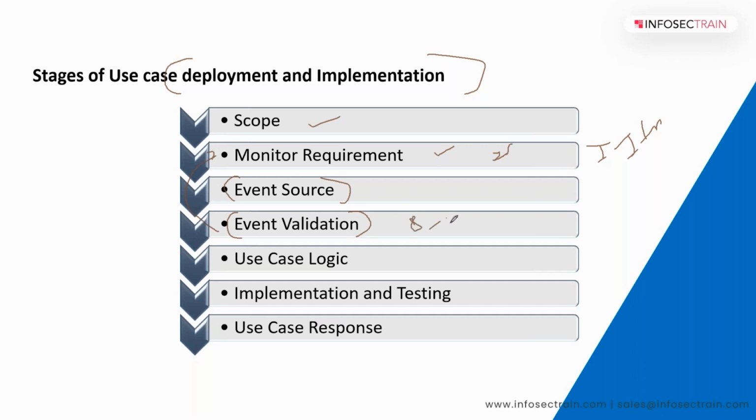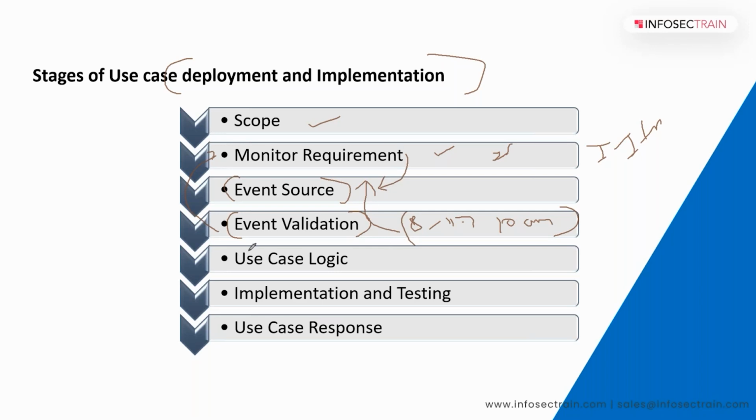On the 8th of November, at what time? At 10 a.m. in the morning. So we can analyze it very easily. The event occurred at 8:10 a.m. on XYZ date, the source is your web application, and we collected that information by monitoring.